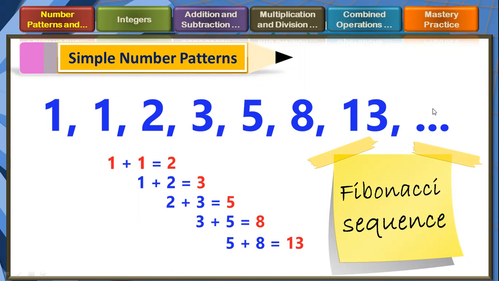So we know that the next number is 13 plus 21, and so on. So that is the Fibonacci sequence. So these are simple number patterns. These are very, very easy to remember sequences of numbers.